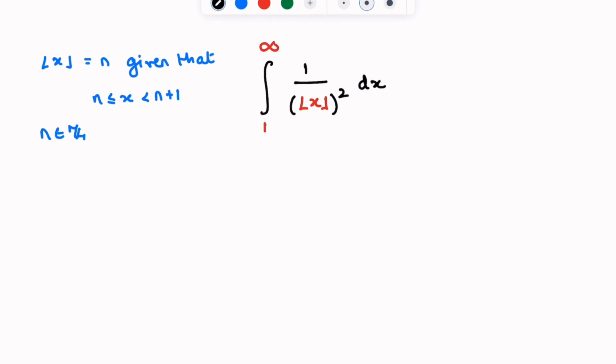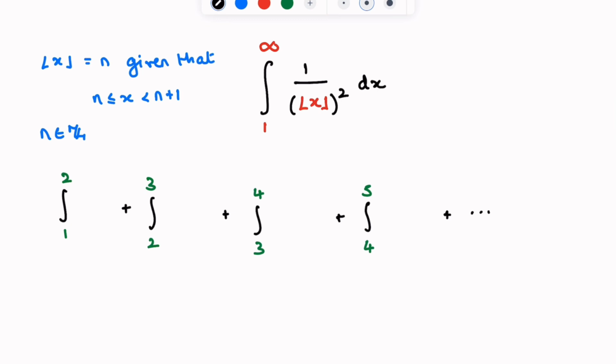The first integral, we're going to sum from 1 to 2. And I'm not going to write what's in between yet. Maybe you guys have already guessed it. The second integral, from 2 to 3. The third integral, from 3 to 4. And then the fourth integral from 4 to 5, and so on and so forth, all the way off to infinity.